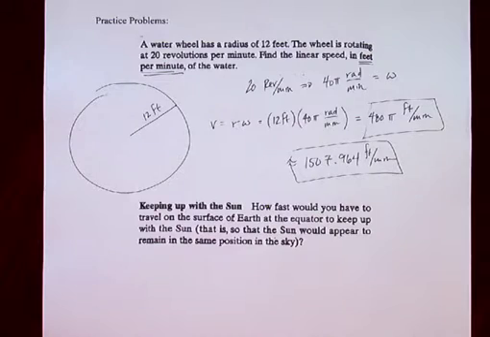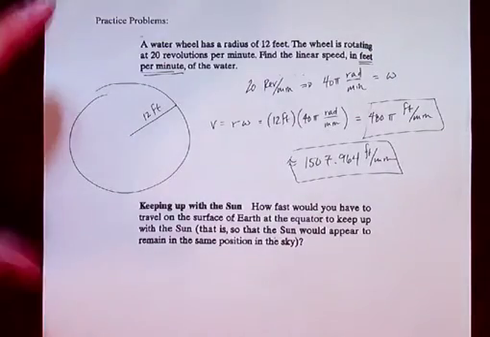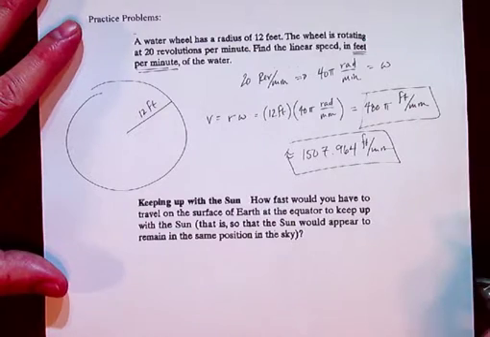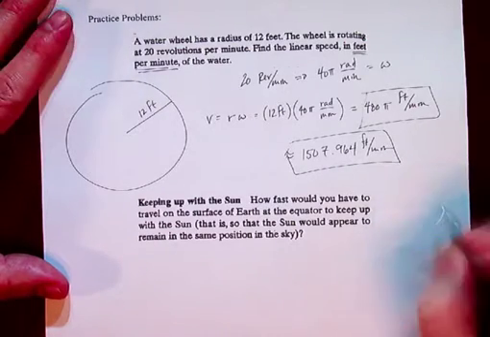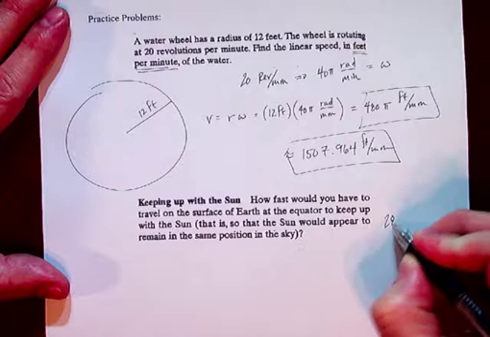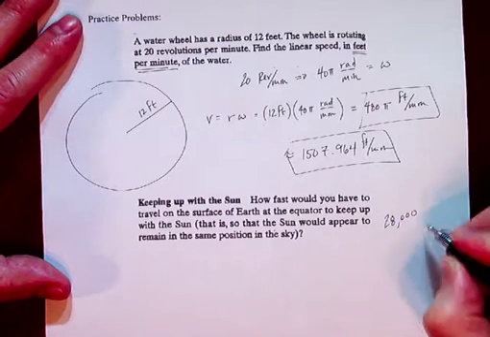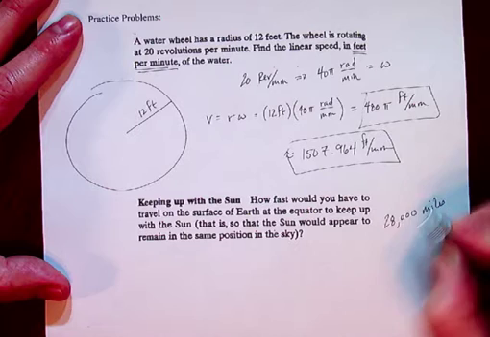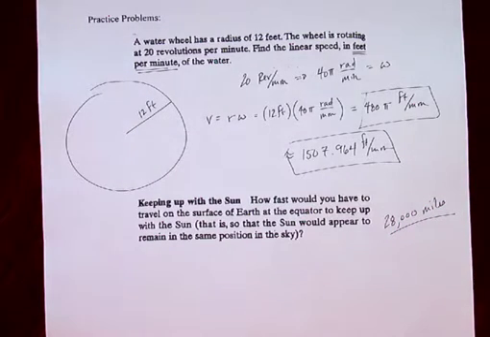Now, I cut and pasted this from a worksheet, and I forgot to give you the measurements of the Earth, but basically the Earth, if you didn't know this, is approximately 28,000 miles in circumference around the equator. I think that's right. And it's somewhere in that neighborhood. And we'll use that measurement for now, and I'll try to be a little bit more careful when I'm cutting and pasting in the future.